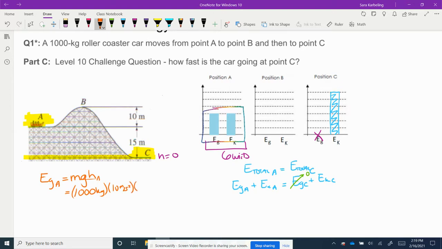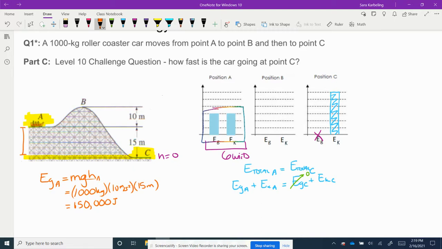And the height is right here, 15 meters. Now we can do some pretty simple multiplication. We've got 150,000 joules. It's kind of a lot, but we're talking 15 meters up and 1,000 kilograms, so it makes sense. So I've got 150,000 joules of gravitational potential energy.